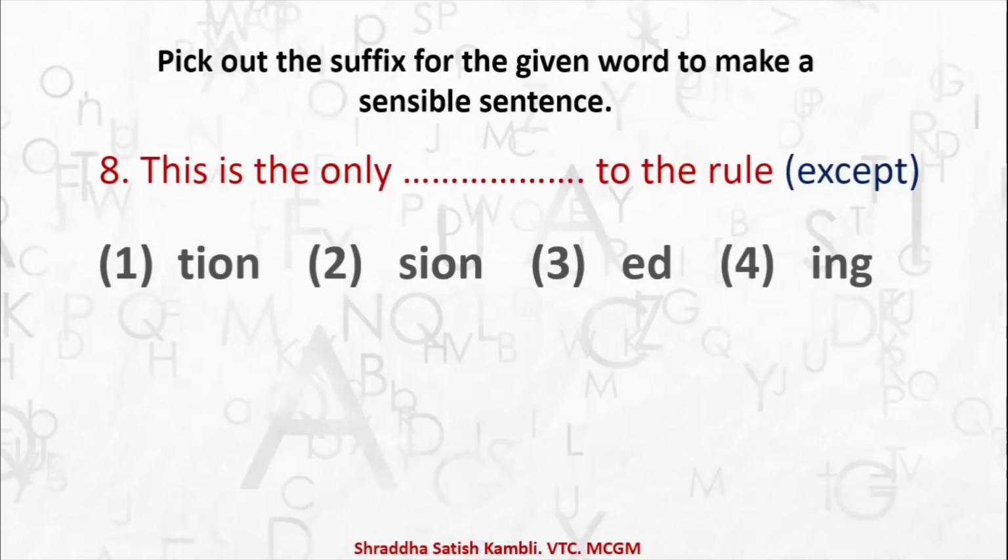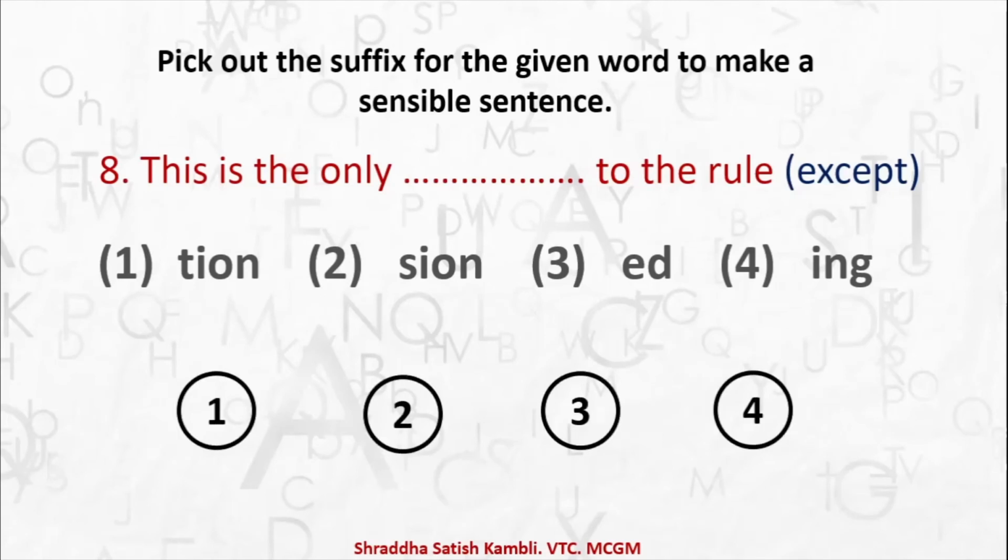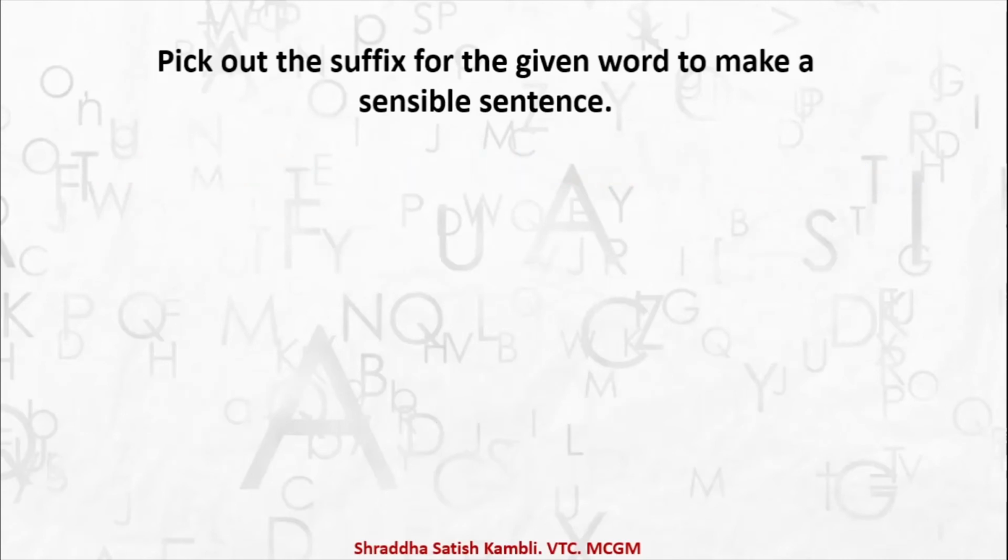This is the only exceptsion, exception, expected to the rule, or expecting to the rule? So it will be the first one, exception with a TION. Exception. Okay? So this is the only exception to the rule.